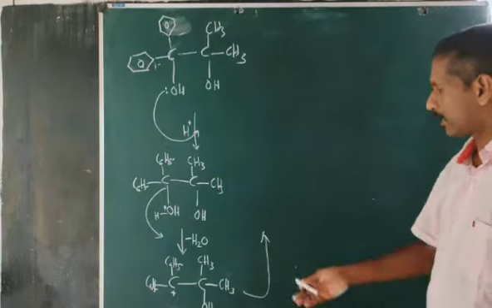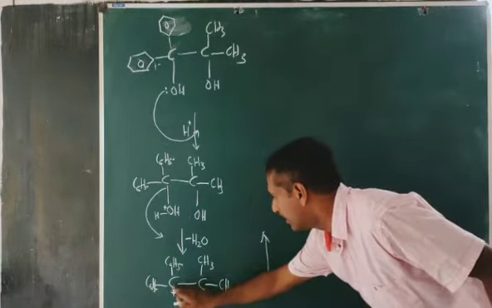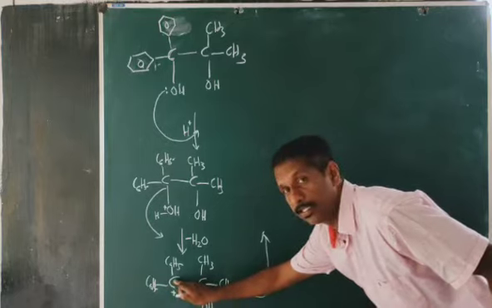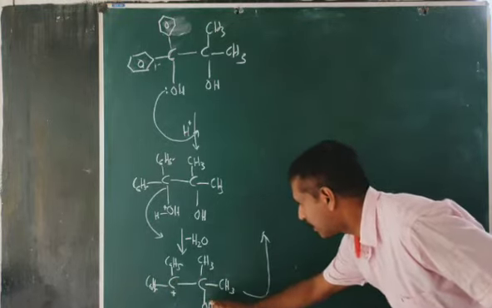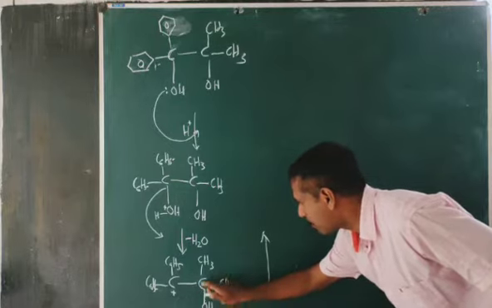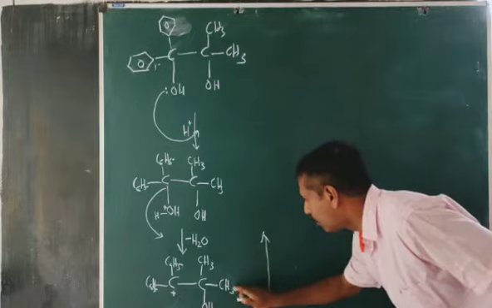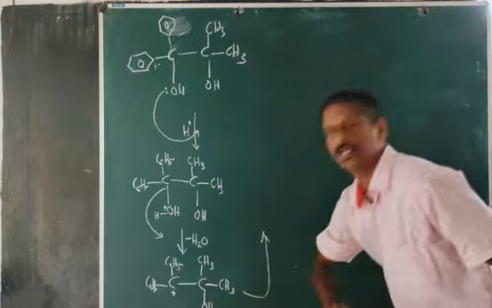In the next step, what is happening? Last class we discussed this. This is a carbocation. The positive charge is on this carbon, and the next carbon is the OH-attached carbon. From the OH-attached carbon, the alkyl group will migrate to the positively charged carbon.